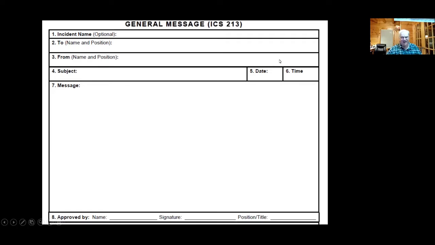Okay, date and time, boom. I mean, this is a no-brainer. Then you got a spot where you can put your message in. And then when you're all finished, it should be approved by somebody. Obviously, if you're sending a message, you can't get their signature, so you would just leave that blank. But you can put their position and title in there. Quarterback.